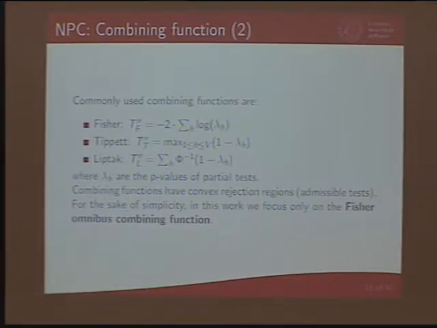Should I go with Tippett because it picks up the most important variables? So here there is a debate, an open discussion, mostly for the choice of the combining function. You should choose some combining function that guarantees at least a good power.